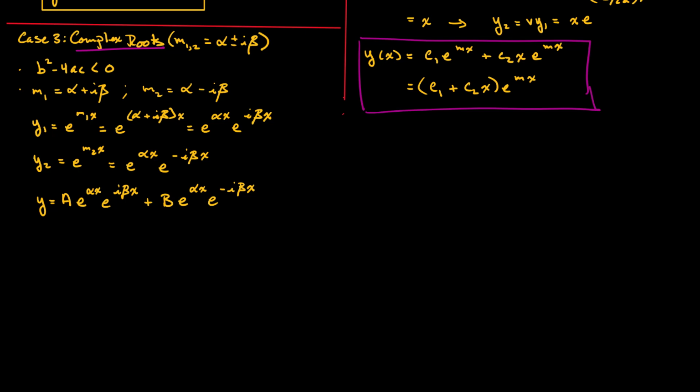Now, to try to put this in a form that we can understand, why don't we take advantage of Euler's identity, which tells us that e to the plus or minus ix is equal to cosine of x plus or minus i sine of x.